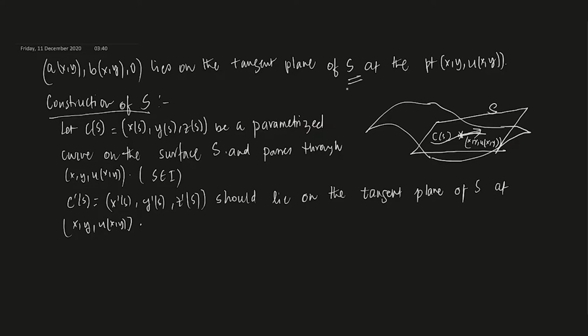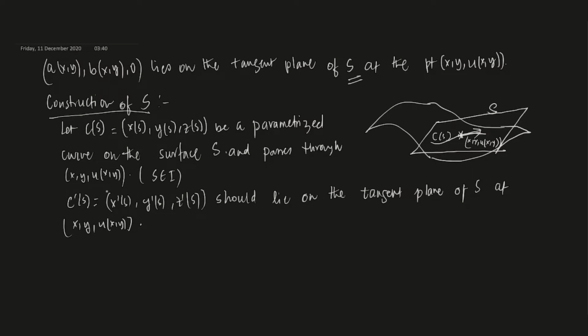This vector lies on the tangent plane. So we are basically looking for a parameterized curve C(s) such that C'(s) should look like this. This vector also lies in the tangent plane, and this is another vector which we have constructed, (x', y', z'), which lies also on the tangent plane.